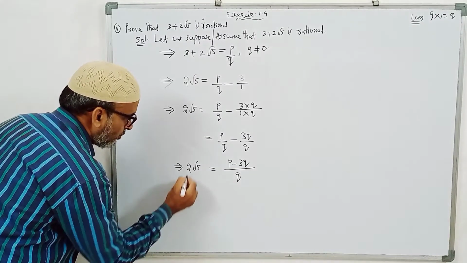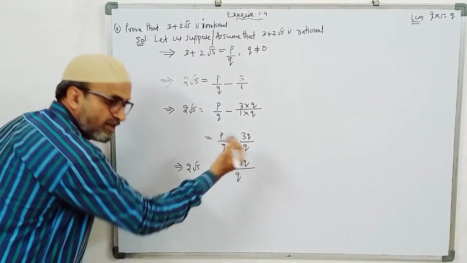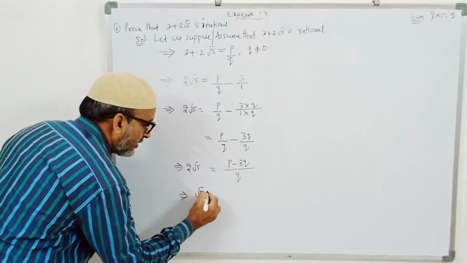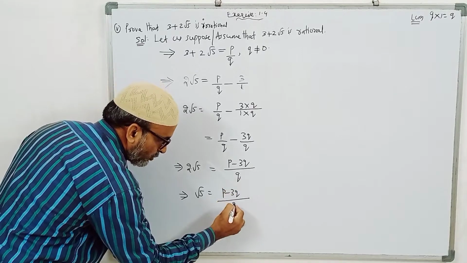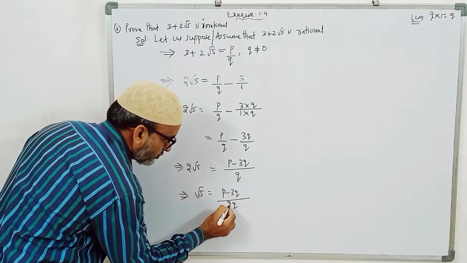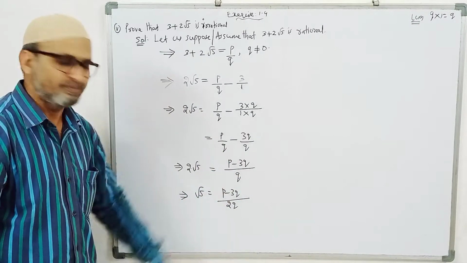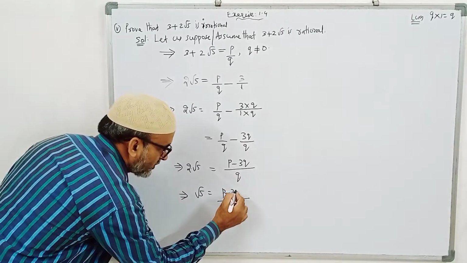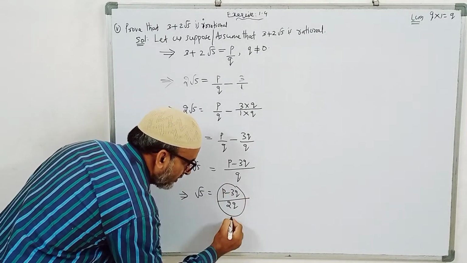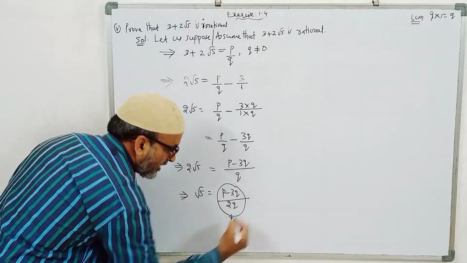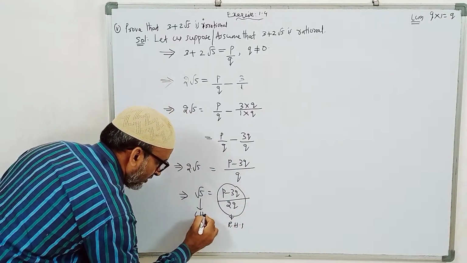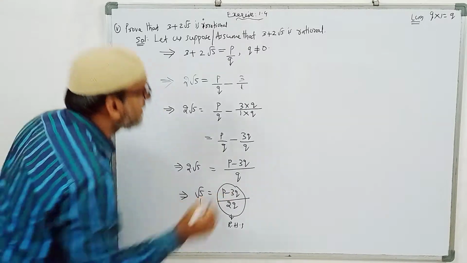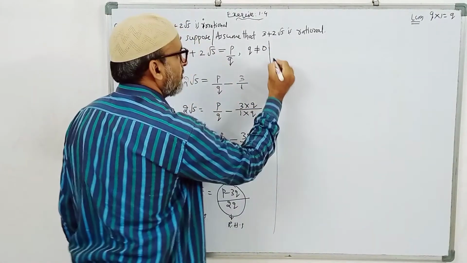This implies 2 root 5 equals (P minus 3Q) by Q. Now the 2 I am sending to that side. Root 5 is equal to P minus 3Q by, already Q is there, and this 2 will come to the denominator. Now you see, this is without root number. This is the RHS, this is the LHS.